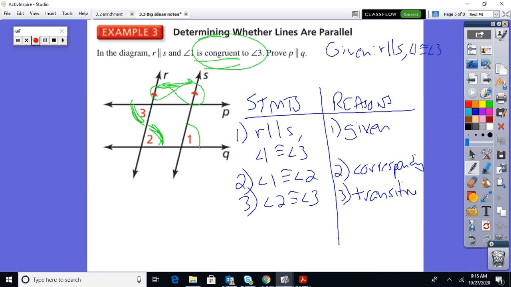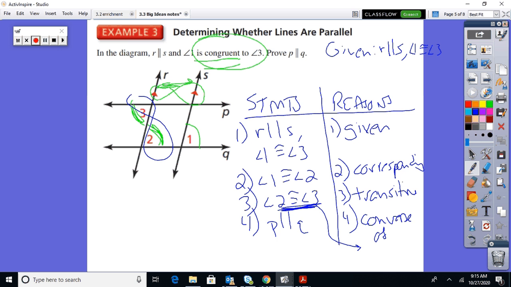If 1 is 3 and 1 is 2, then 2 is 3. And now since I've established that, I can say that P is parallel to Q. And again, it's the converse of, now what are 2 and 3? That's what goes here: alternate interior.